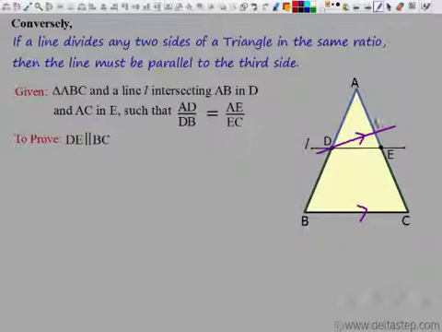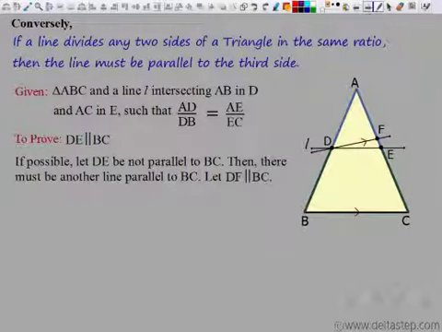Let's call this F. Let's say that DF is parallel to BC. So we draw a line DF which is parallel to BC. As soon as I get parallel lines, what can I apply? The basic proportionality theorem. So applying basic proportionality theorem, since this line is parallel to this line, I can say AD by DB would be equal to AF by FC.